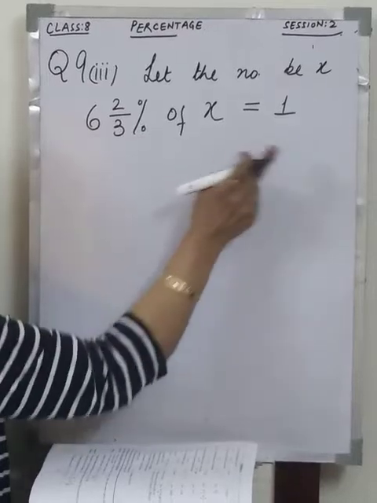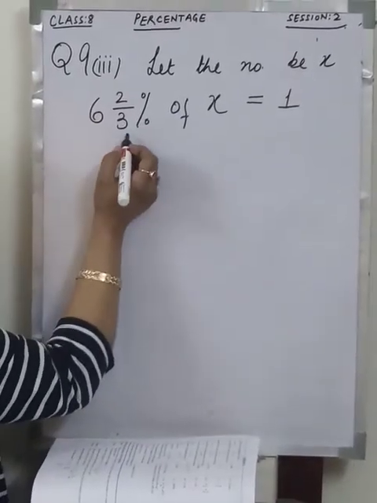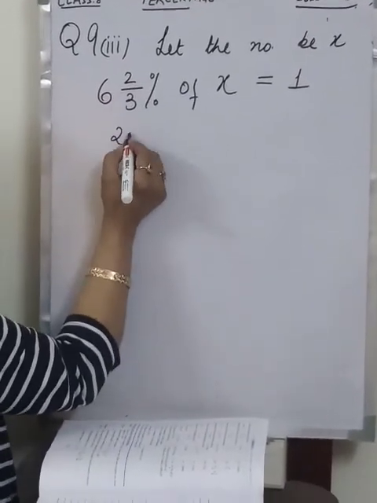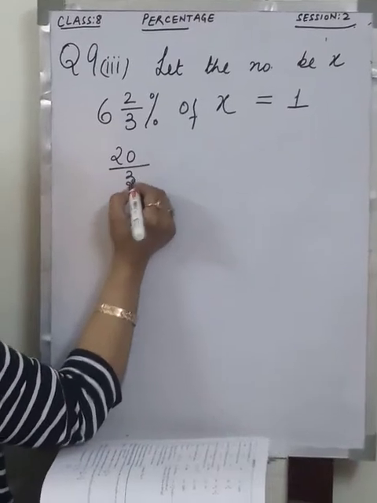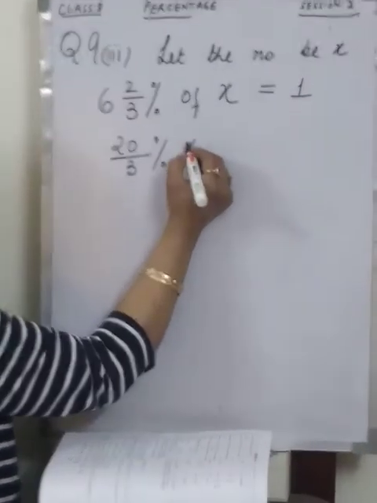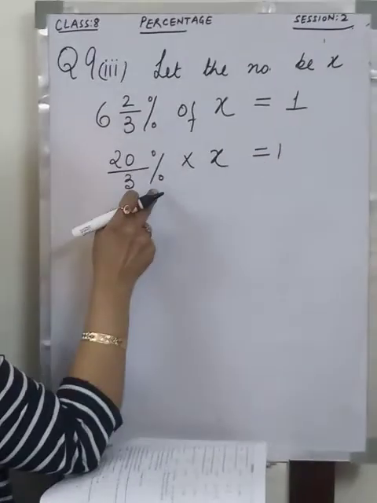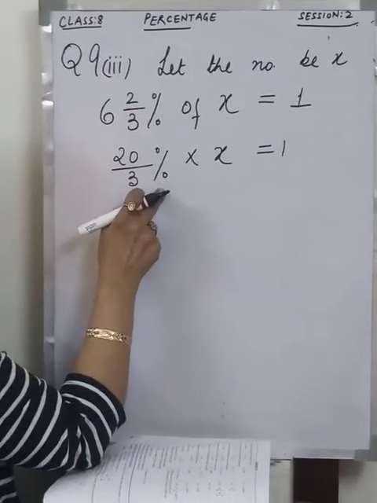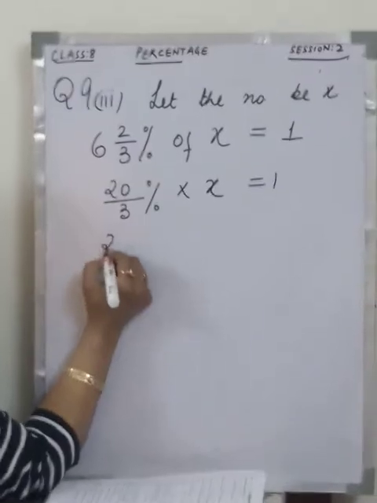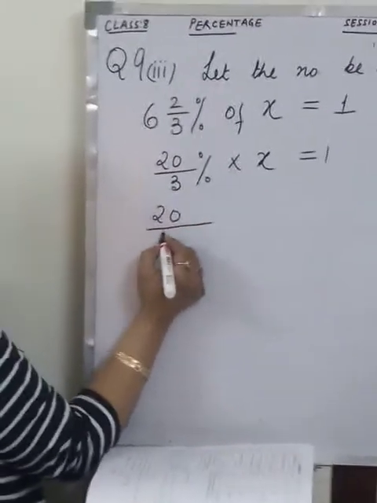So we simplify the given mathematical expression. It's 20 by 3. Of means multiply. If I remove the percentage sign, the moment we remove the percentage sign, 100 is written in the denominator.